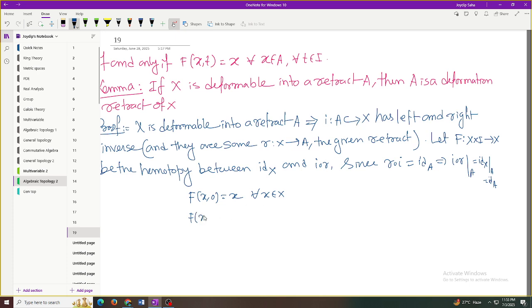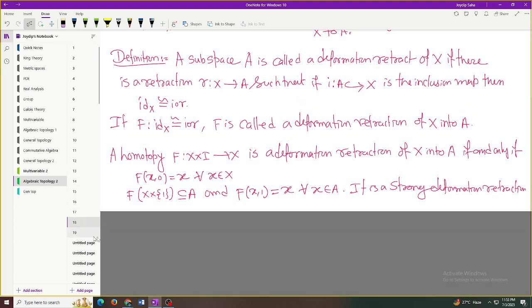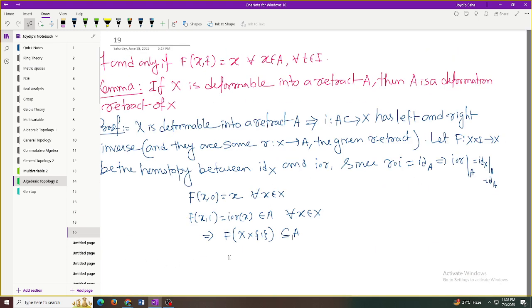Therefore x cross singleton 1 is a subset of A. And lastly, if x belongs to A, fx1 is i compose r x.